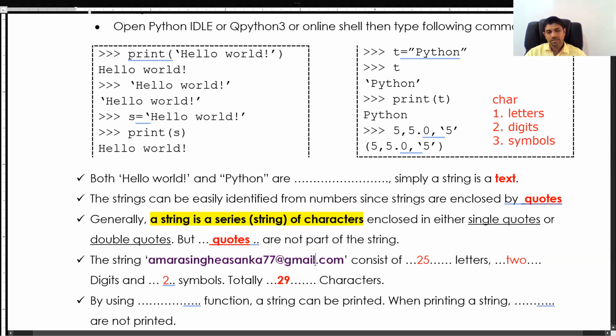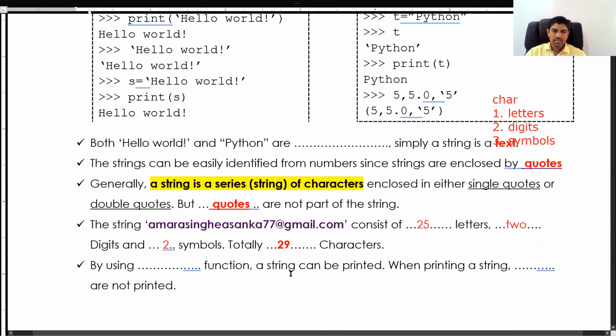At and dot are symbols. So it consists of 25 letters, 2 digits, 77, the same digit twice, therefore considered as two digits, and two symbols. The two symbols are at and dot. Totally 29 characters.